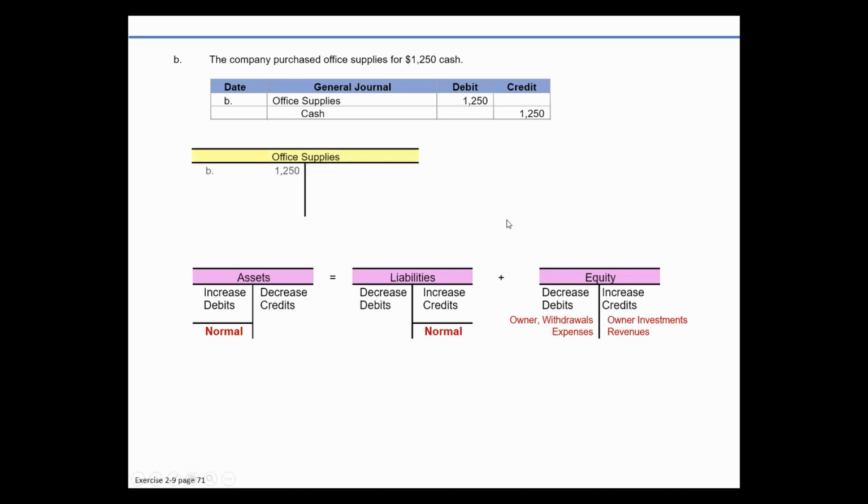If we look at the T accounts, because office supplies is an asset, to increase an asset you debit it, so you debit that $1,250. And then we're looking at B here. Cash, we have to credit that $1,250 because we're paying cash out.